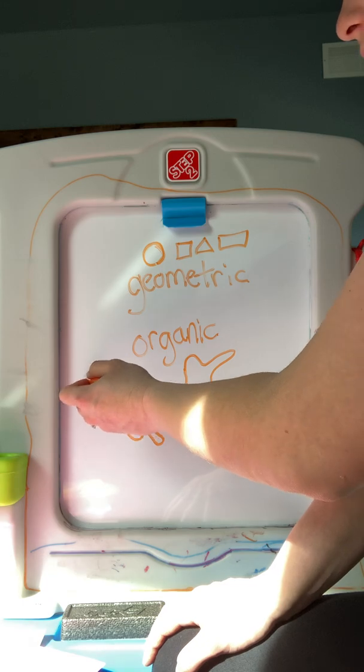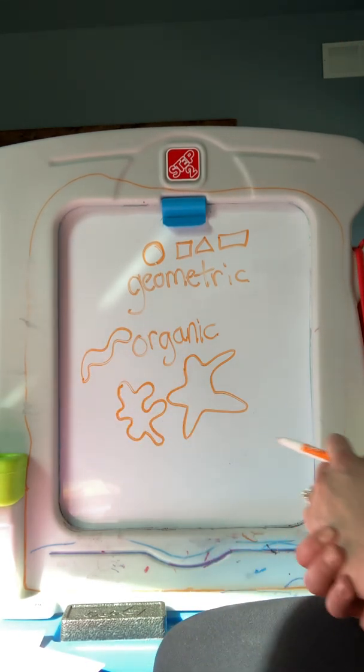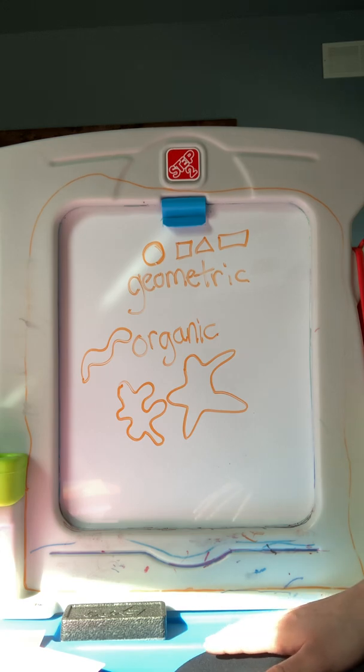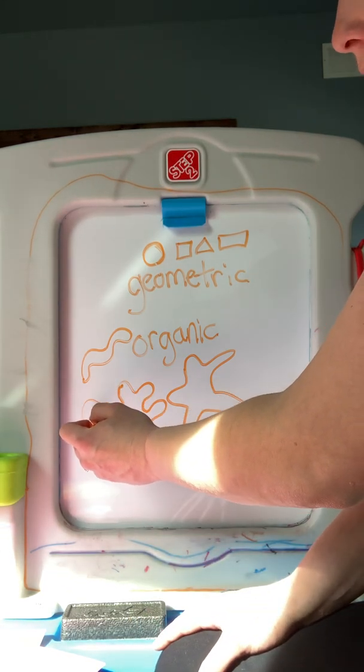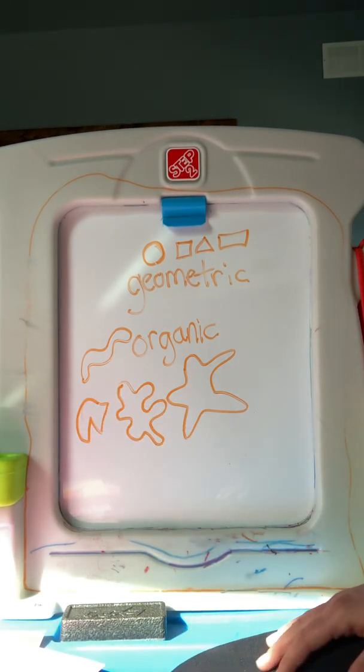Just ones that you can kind of make up as you go. So those are organic shapes, more natural shapes that don't really have rules. So one side can be curved while the other side is sharp. Those are all organic shapes, okay?